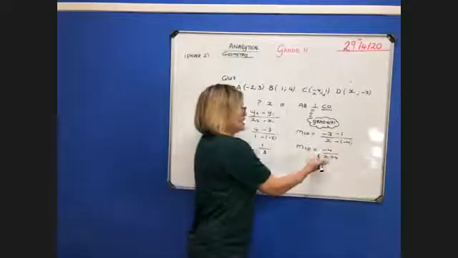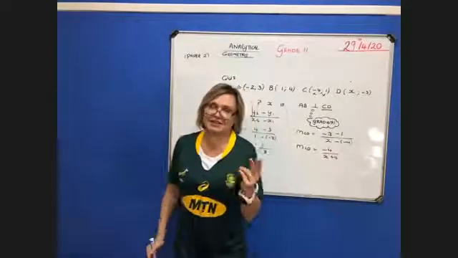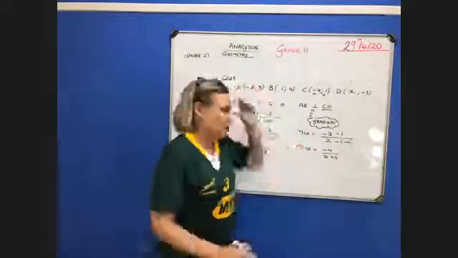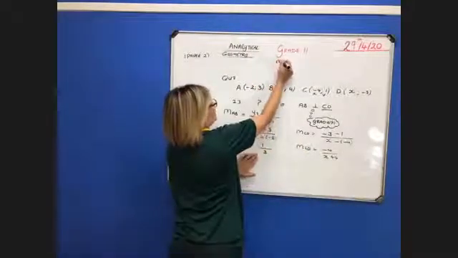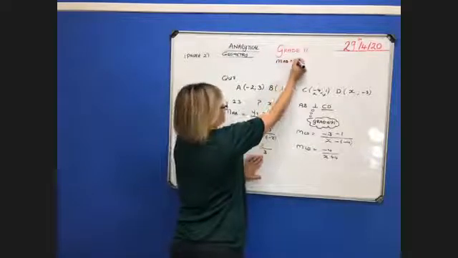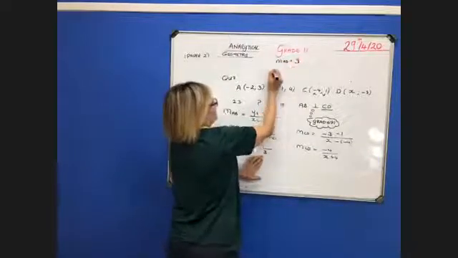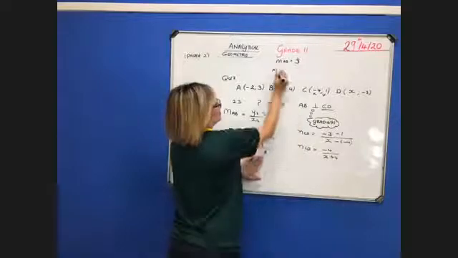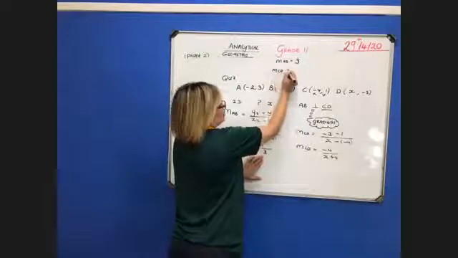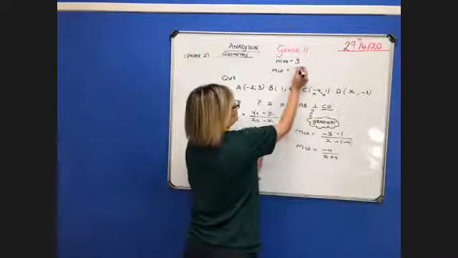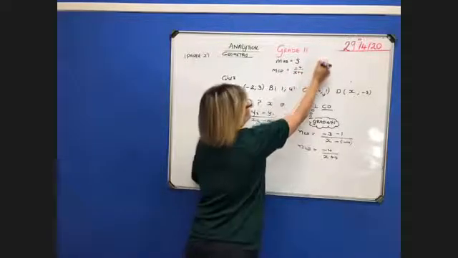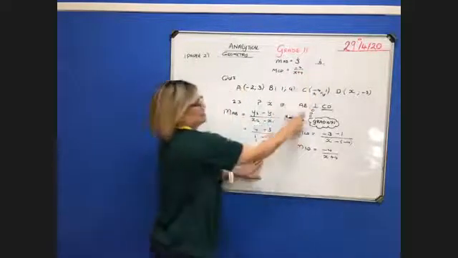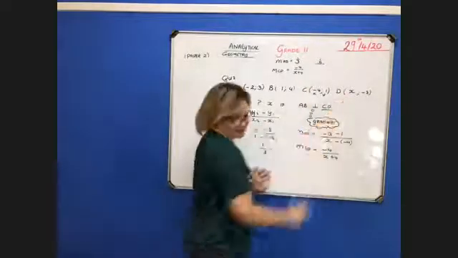Okay, now guys, there's 2 ways to do this. So I'm going to do both. What I need to do though is just transfer the information. So the gradient of AB, we numerically worked out is a third, and the gradient of CD, even with the variable, we worked out is minus 4 over x plus 4. And the clue was these lines are perpendicular, solve for x.